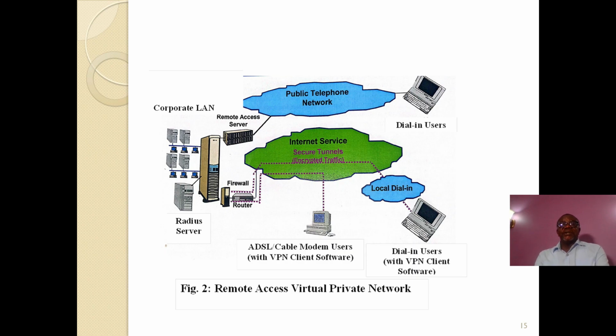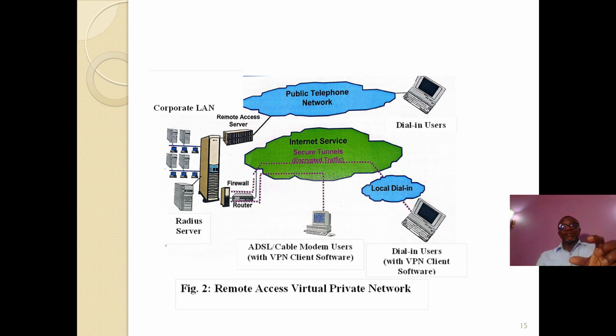You can see the traffic generated is encrypted and it passes through a secure tunnel through the internet services, through the firewall and the router to the corporate local area network.